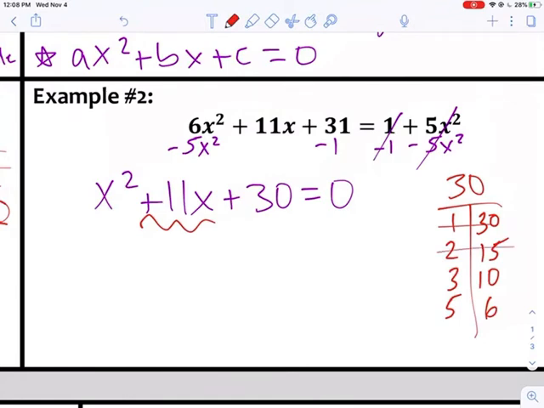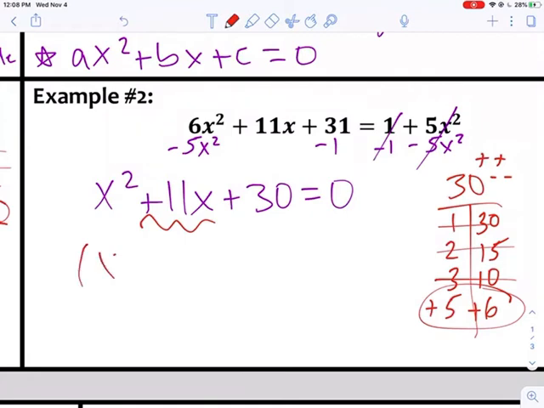Neither can 2 and 15. And remember, it's a positive 30 here that I need to multiply to. So I either need 2 positives or 2 negatives. And you know that they're going to be positives because they have to add up to a positive number. 3 plus 10 is 13. We're getting close. 5 and 6 get us to 11. So positive 5, positive 6 get us to positive 11.